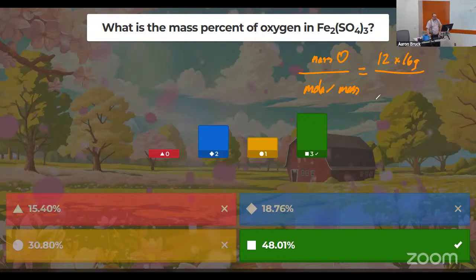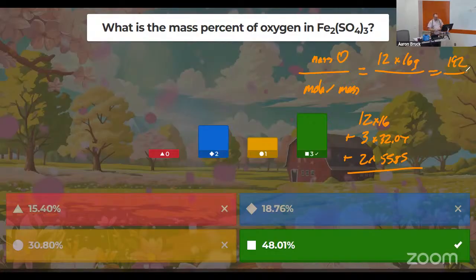And the molar mass would be that plus 3 times 32 and 2 times 55.85. So 12 times 16 is 192.